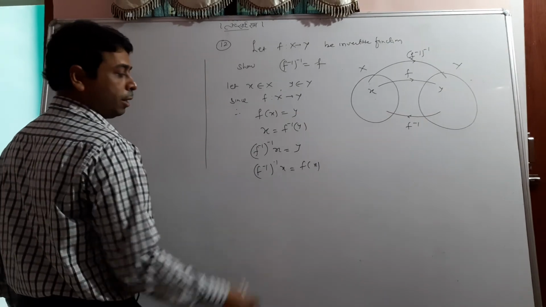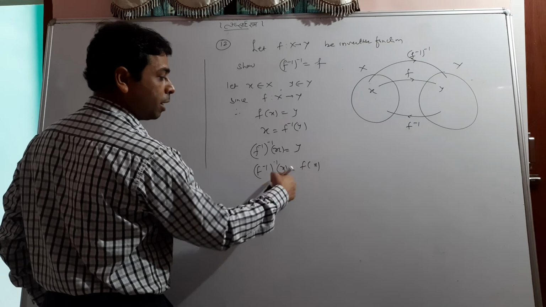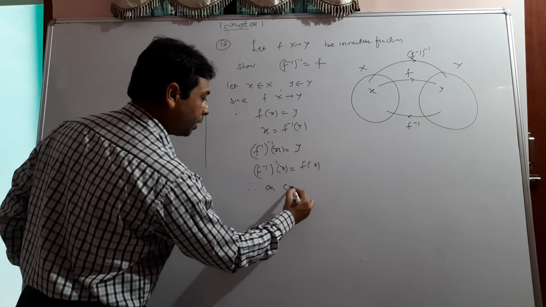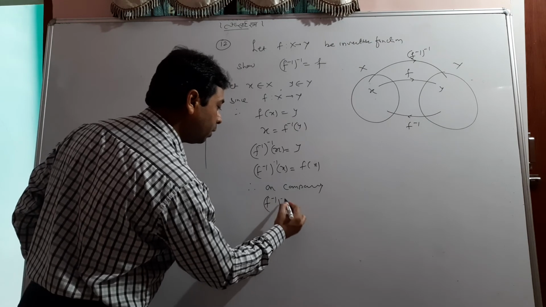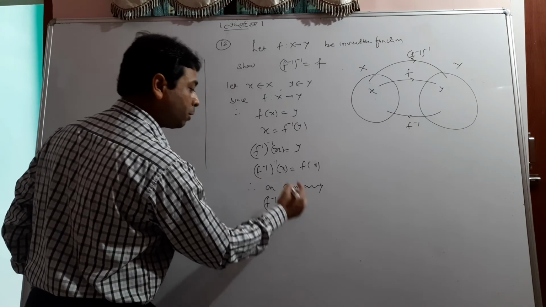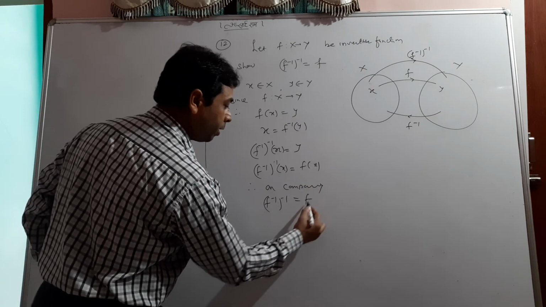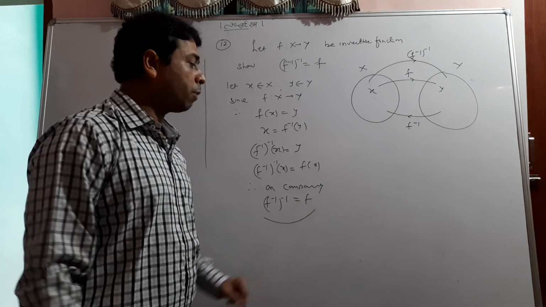Now can you compare these two equations? This is x, this is x. On comparing, eliminating x from here, we get the inverse of the inverse is equal to f itself.